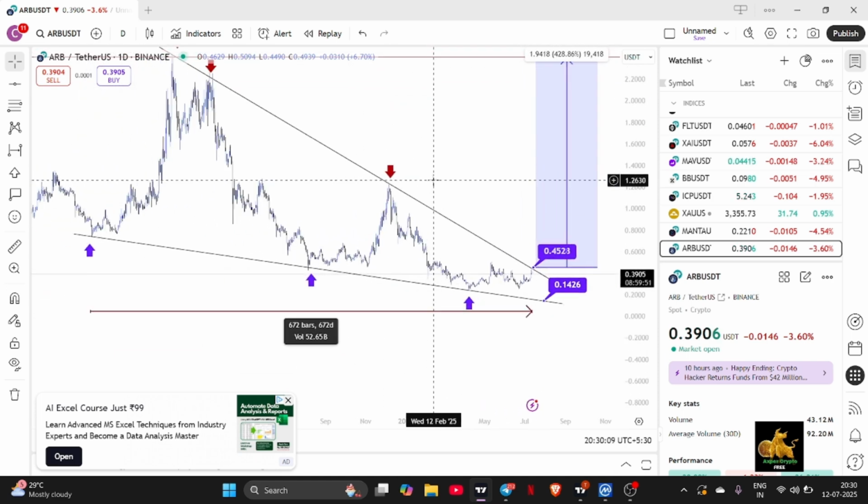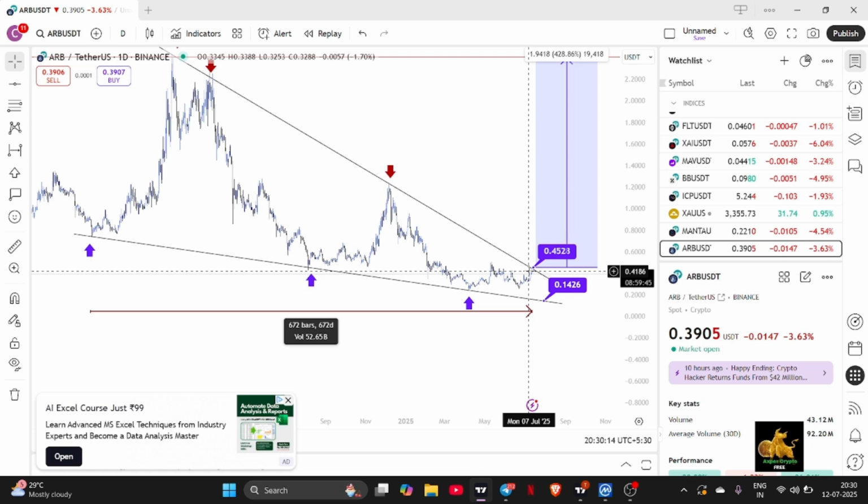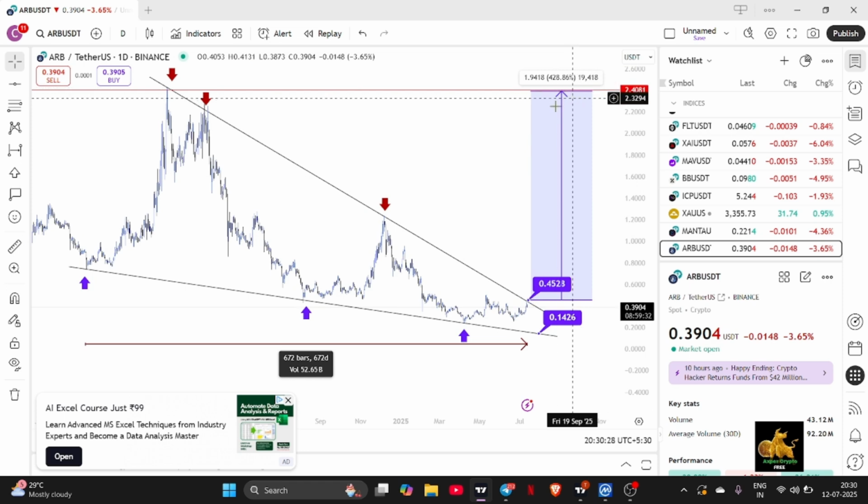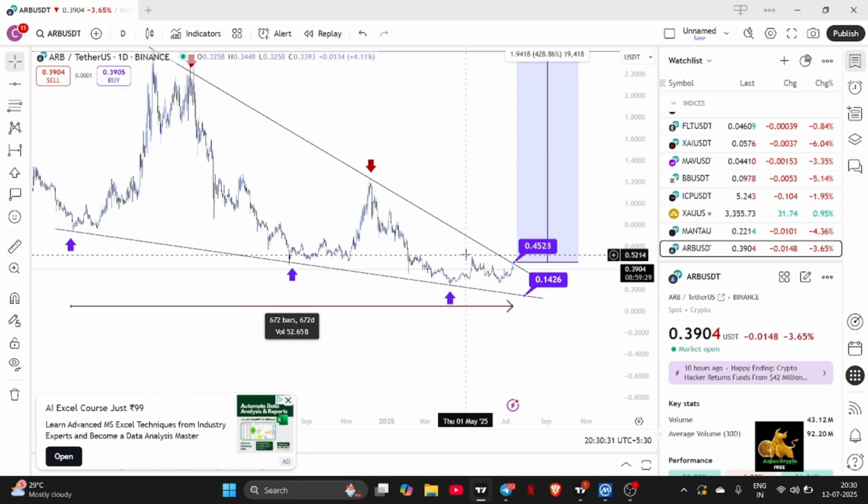If ARB breaks out of this falling wedge chart pattern, we will see ARB around the 2.40 level. But ARB first needs to break this resistance trend line.